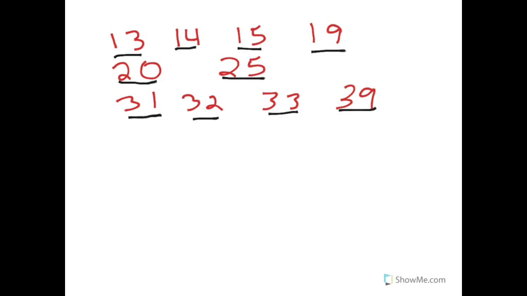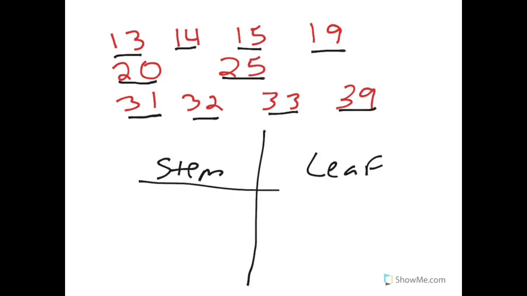But if we wanted to chart this, we could use a stem and leaf plot, which shows data arranged by place value. So what I would do is I would have my stem here, and my leaf here. I think you'll kind of understand why in just a moment. But what you do is you use the place value. This row is in the 10s, 20s, and 30s.